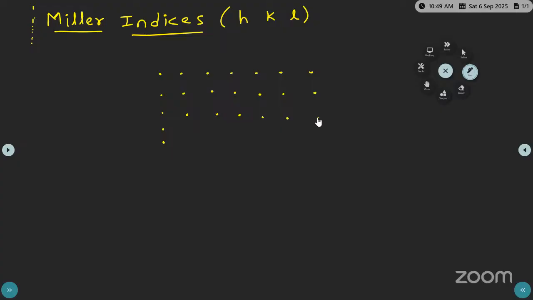So this is a space lattice, a collection of lattice points. The environment about each point is the same. See here.